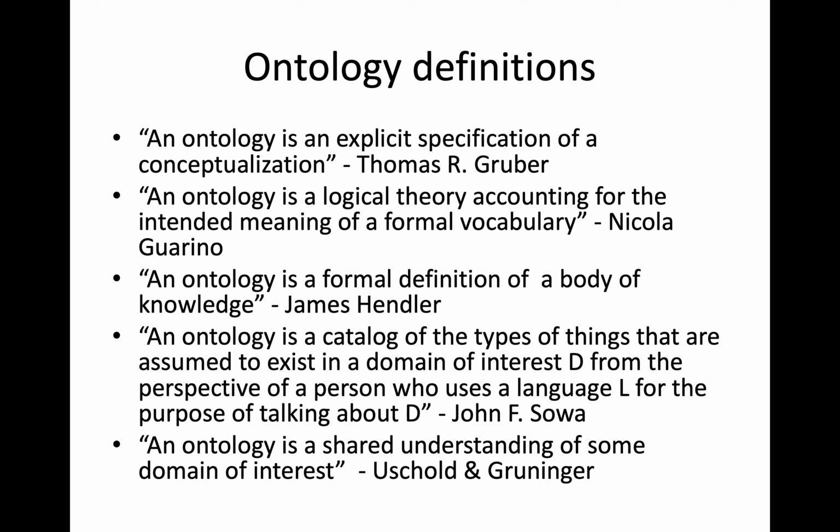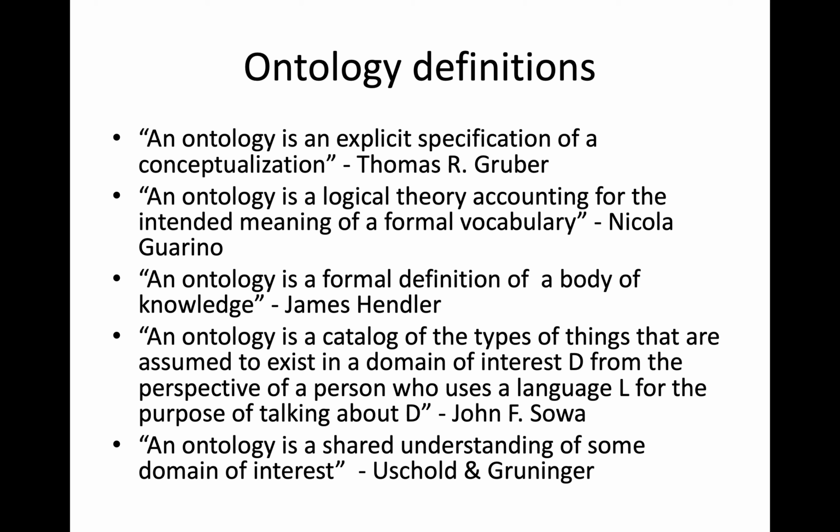An ontology is a catalog of types of things that are assumed to exist in a domain of interest D from the perspective of a person who uses a language L for the purpose of talking about D. Before it was about the representation of knowledge, but here we go into detail. An ontology is a catalog of types of things that are assumed to exist in a domain of interest D.